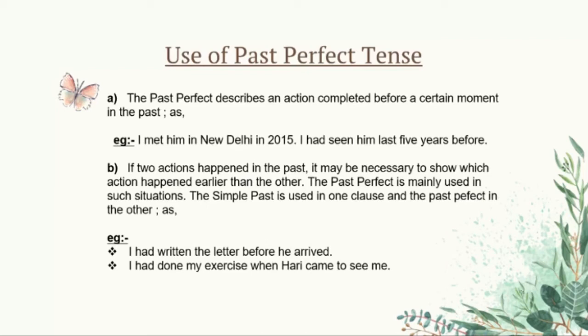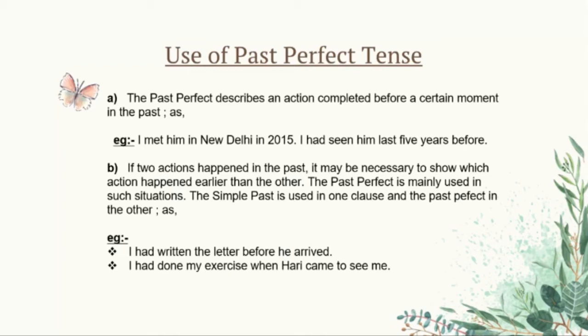Now second is, if two actions happened in the past, it may be necessary to show which action happened earlier than the other. The past perfect is mainly used in such situations. The simple past is used in one clause and the past perfect in the other.